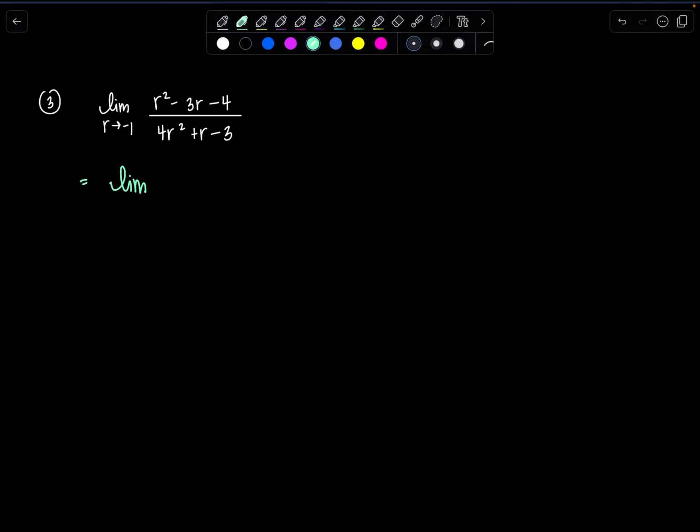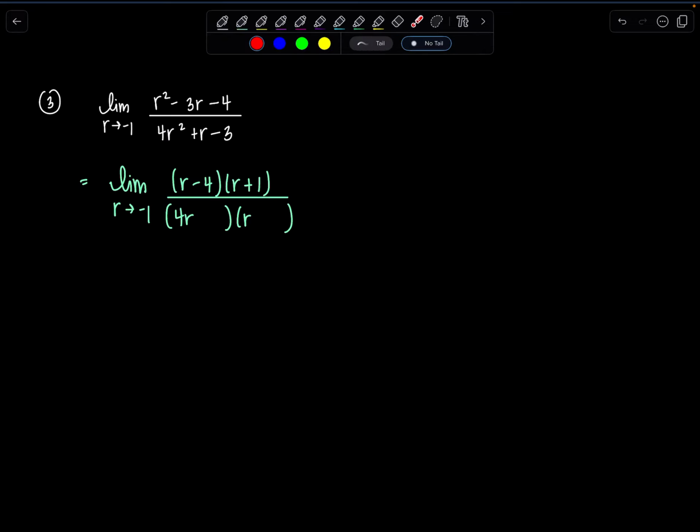Here we go. Limit r approaches negative 1. The numerator is going to factor into r minus 4 times r plus 1. That one's pretty straightforward, yeah? And then here, okay, we've got 4r squared plus r minus 3. I'm just going to do trial and error, guess and check. I know, I said usually it's the ones that are closer together.